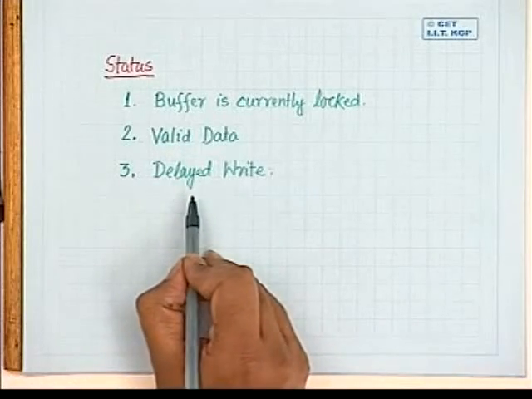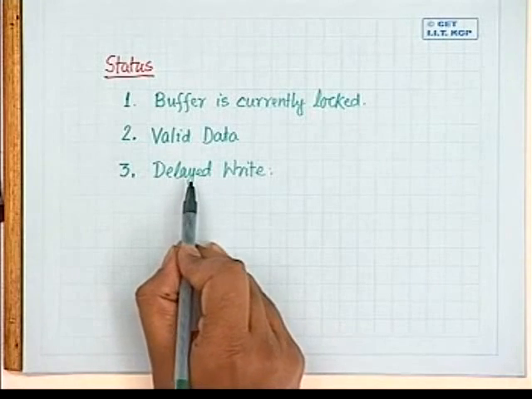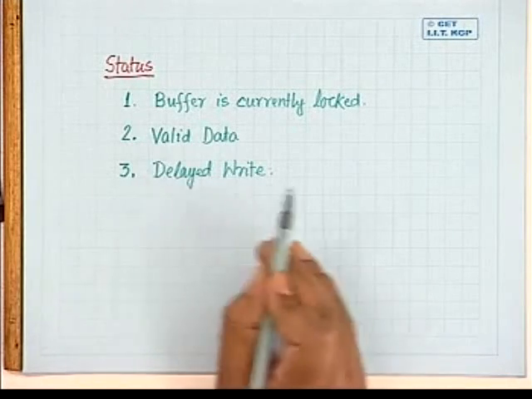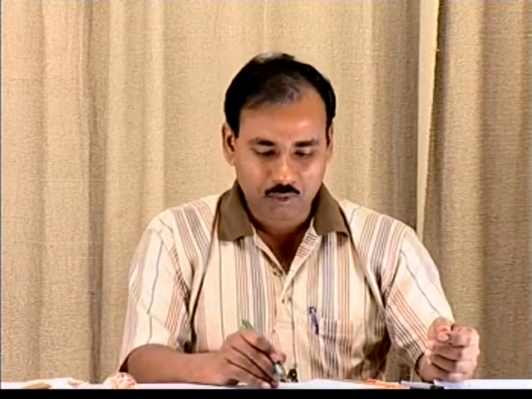That means in case the same buffer is to be overwritten by the data from some other block, before overwriting this buffer cache, you have to store the data contained in this particular cache into secondary storage. Because the modified data is present in the buffer cache, it is not present in the disk. So before you overwrite this buffer, firstly you have to store this data onto the secondary storage, and only then can this buffer be overwritten by some other data. So that is the purpose of this delayed write.